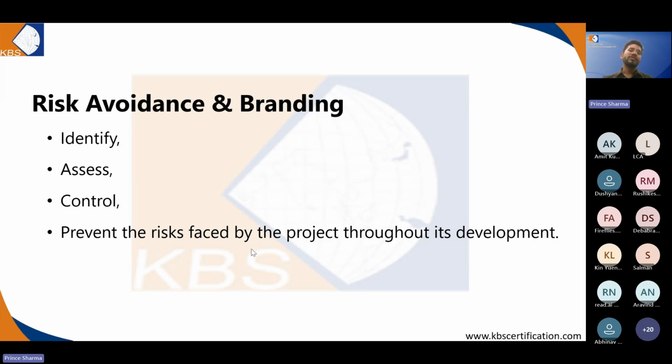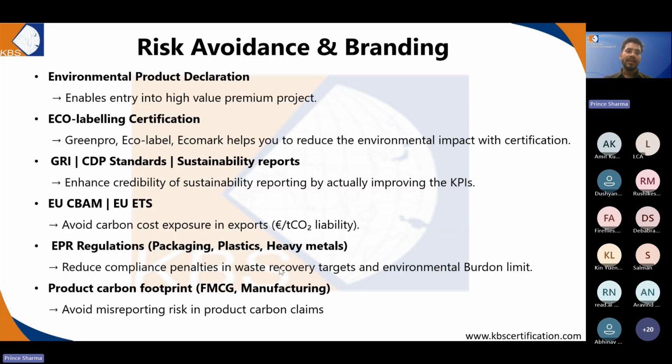After that, you will be assessing that inventory, and that is called the impact assessment. And after that, you will be interpreting how it is impacting, which are the points that are process heavy or impacting in both terms, cost wise as well as environment. So this is what risk avoidance and life cycle assessment give you.